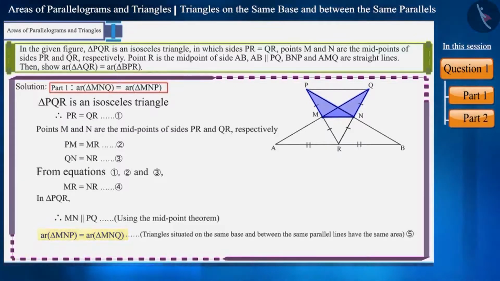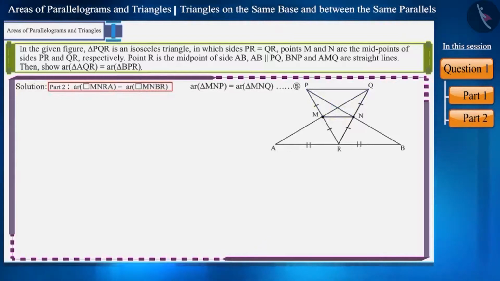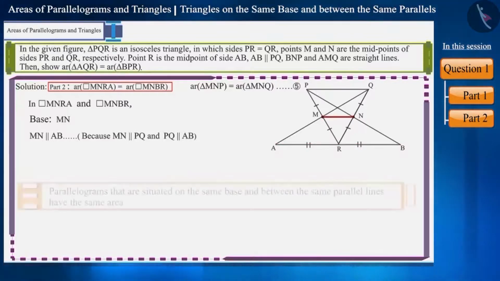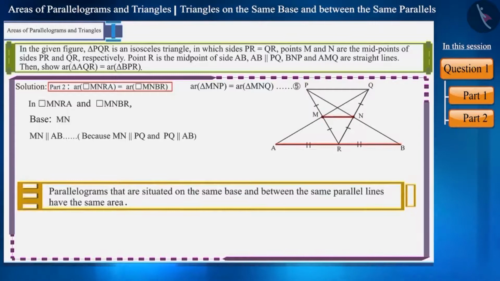Now let's move to the second part. Friends, what can you say about quadrilaterals MNRA and MNBR? These two quadrilaterals are situated on the same base and between the same parallel lines. We know that parallelograms situated on the same base and between the same parallel lines have the same area.